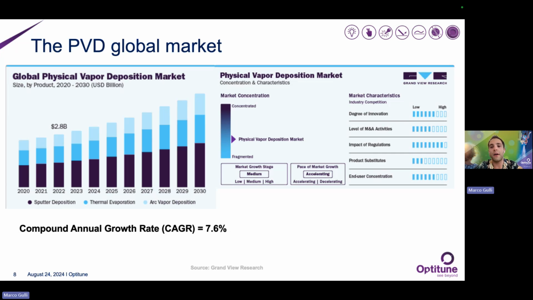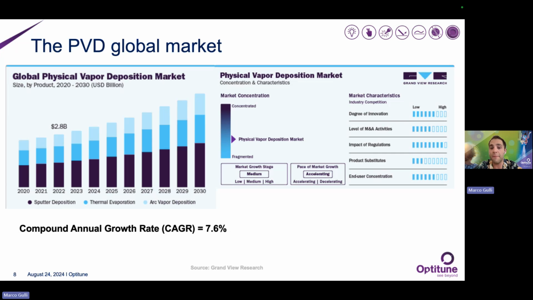In terms of the market concentration, PVD is not a very highly concentrated market. It's characterized by a high degree of innovation. It's not frequent to see merger activities here.